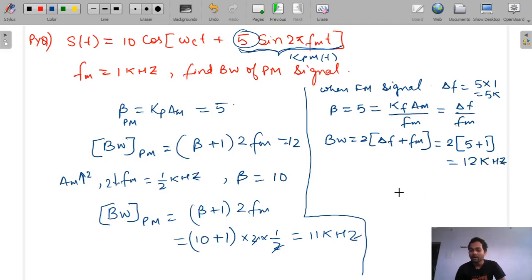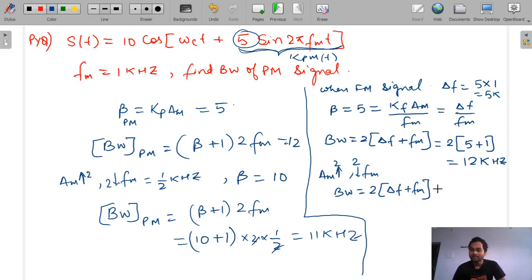See, delta f is our 5 kilohertz. Now if Am, meaning magnitude, is increased by 2 and frequency is decreased by 2, the new bandwidth will be in this case 2 into (delta f plus fm).